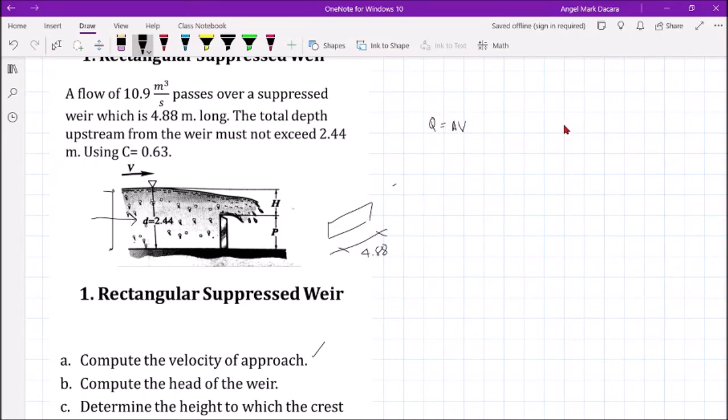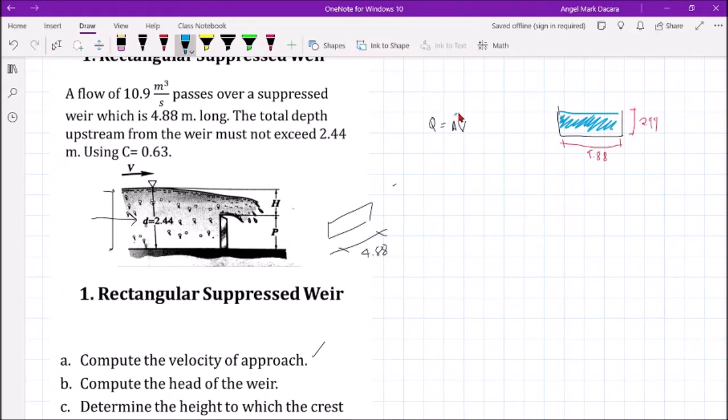If this is the cross-section, and we know that the length is 4.88 and the height of the water is 2.44 meters, then the area of the cross-section of the water behind the weir is 2.44 times 4.88.